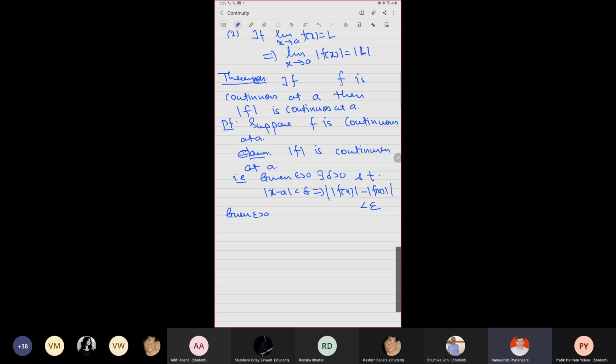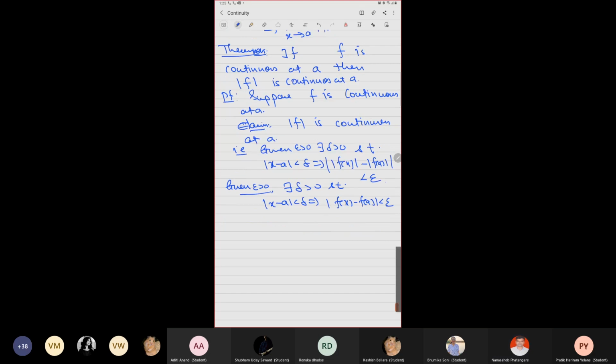Given epsilon, we know that f is continuous, so there exists delta such that whenever the distance between x and a is less than delta, the distance between f(x) and f(a) is less than epsilon. Note that the absolute value of f(x) minus the absolute value of f(a) is less than or equal to the absolute value of f(x) minus f(a) by the triangle inequality.